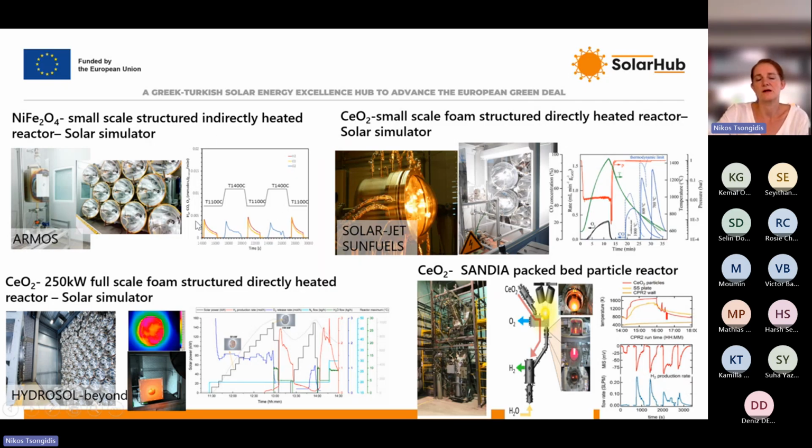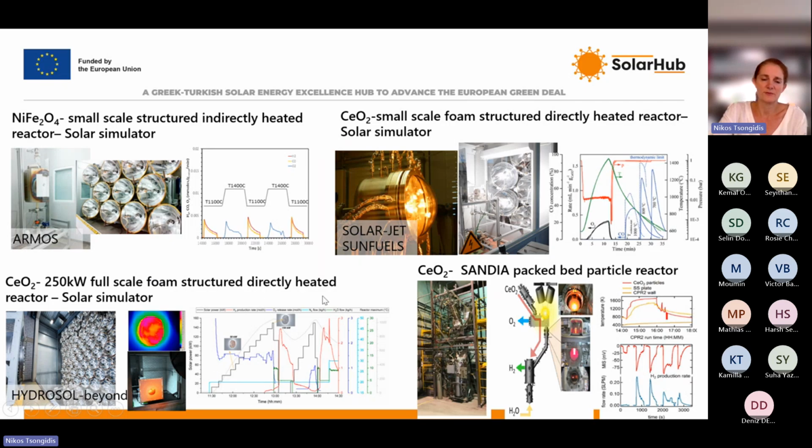You can see here examples from smaller scale and for the evaluation of nickel ferrite structures in indirectly heated reactors, or cerium oxide foam structures in cavity directly heated reactors, or again in higher scale, pilot scale at the high flux solar simulator in Jülich for the case of directly heated cavity reactors.